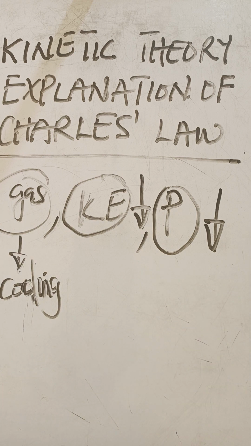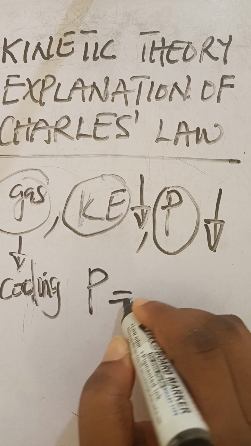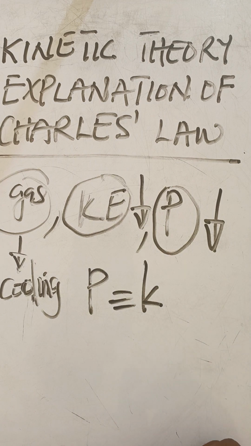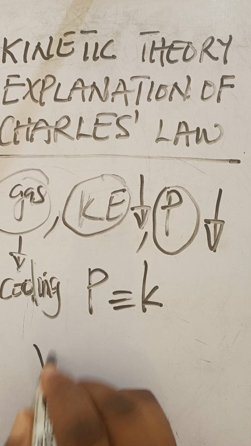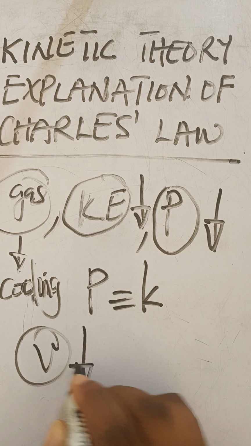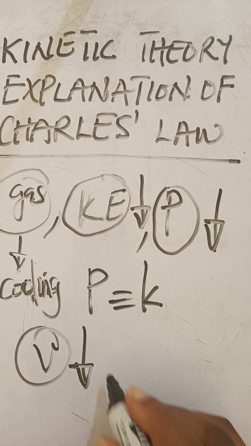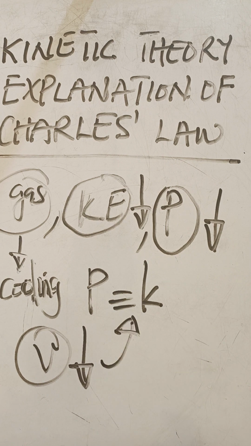But we understand again that according to Charles's law, the pressure must remain constant. So to bring the pressure back to a constant state, what you need to do is to decrease the volume of the gas. When you decrease the volume of the gas, you bring the pressure back to its constant state.